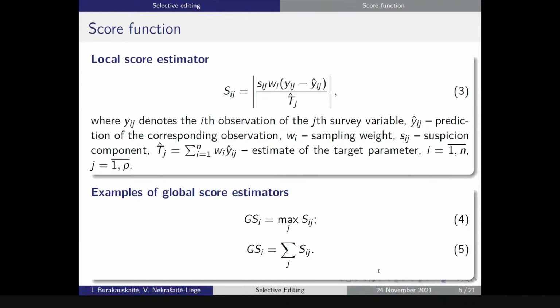And while I'm still here, going further into the presentation, it will be important to take into consideration a suspicion component, and this suspicion component is denoted as S in Formula 3. Here it is.